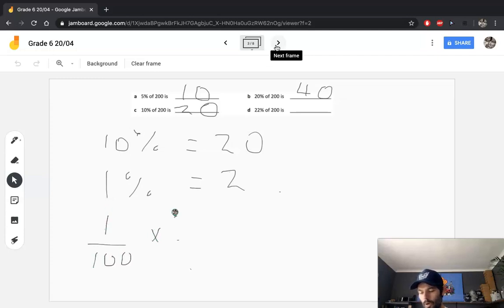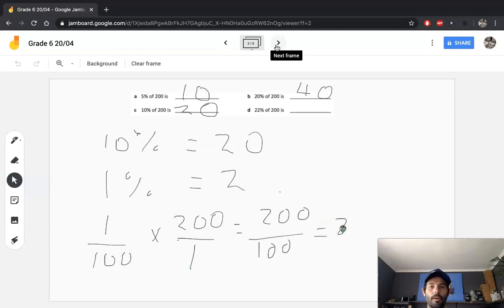We know "of" means multiply, and that ends up being 200 over 100, which we know is 2. If I know 1% now, I know 2%, so 2% is going to be 4. So I need to add that 2% to the 20%, and that's going to give me 44.